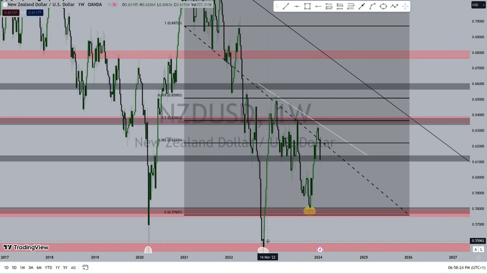It broke this initial projection, and then it retraced up, came and also retested, and respected this fib level again, came down below, and respected this fib 0.50% level. And now you can see price came down, respected this level one more time, and now it came up here to respect this 0.50% fib level one more time.